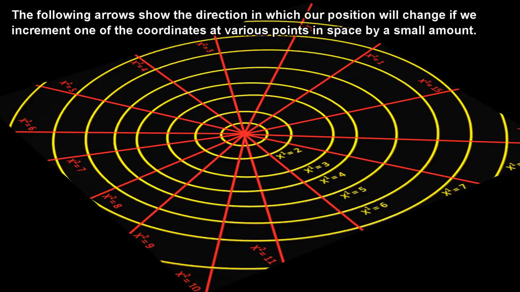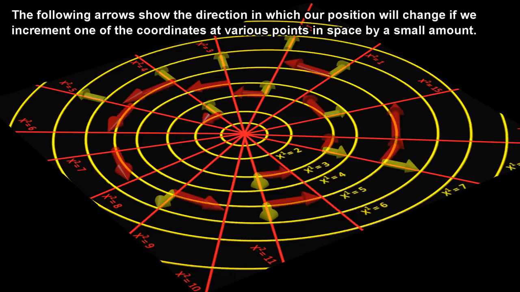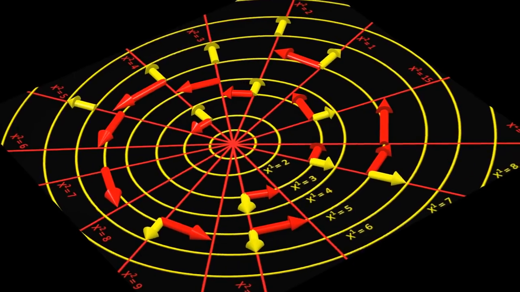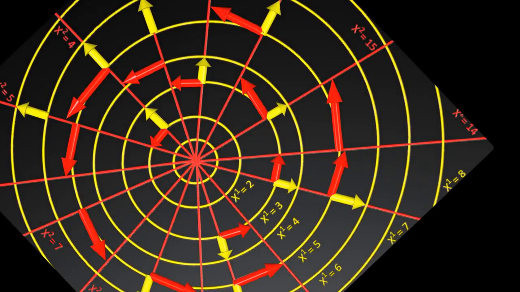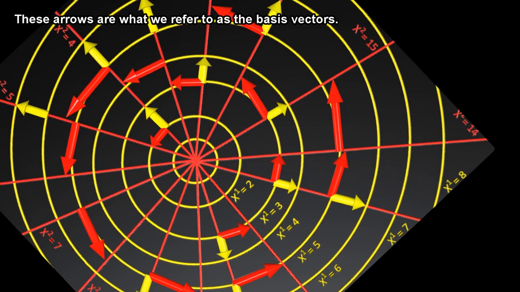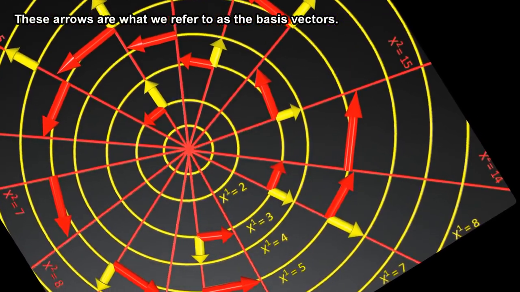The following arrows show the direction in which our position will change if we increment one of the coordinates at various points in space by a small amount. These arrows are what we refer to as the basis vectors.